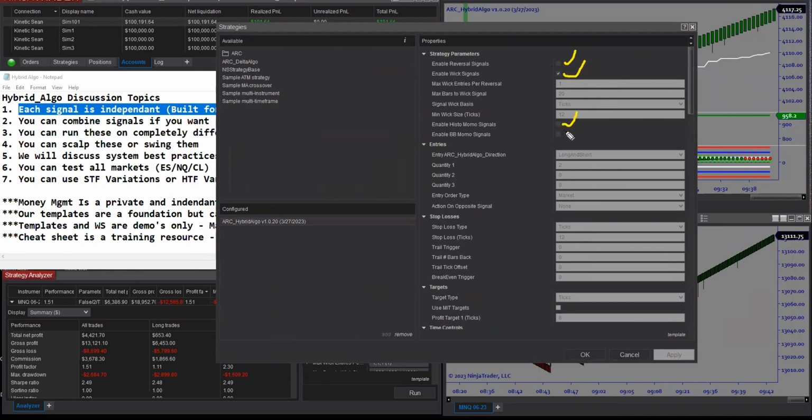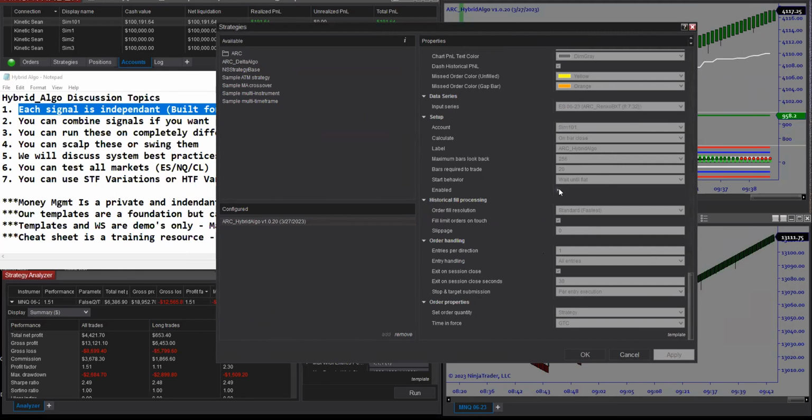There's the Momo signals. When you turn these on in a checkbox, it's going to open up parameters for that checkbox. So if I want to add the reversal signal in here, it's going to open up a setting inside of it. Let me turn this off for a second and show you what I mean.